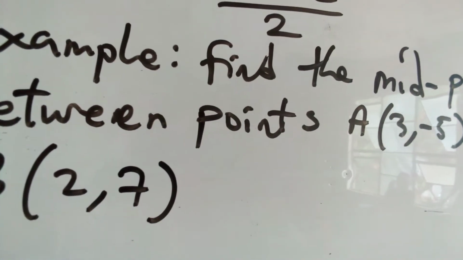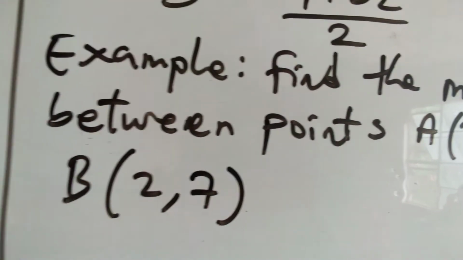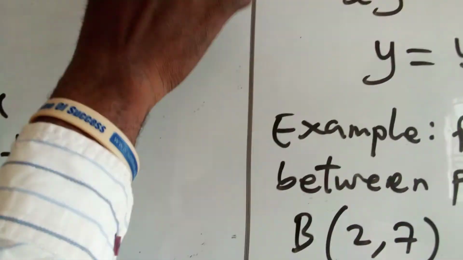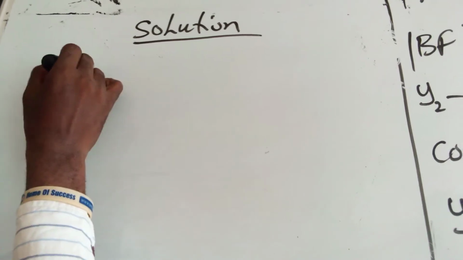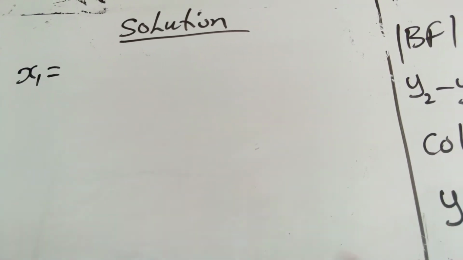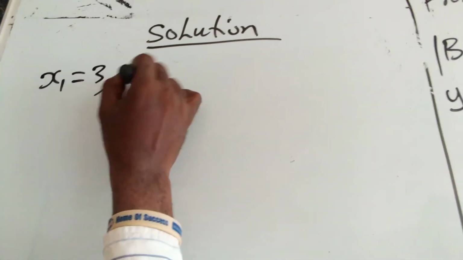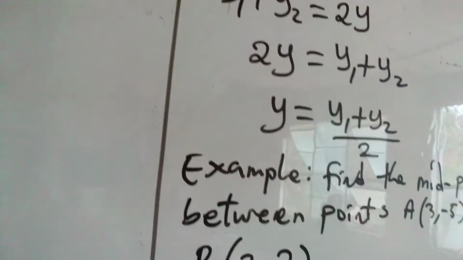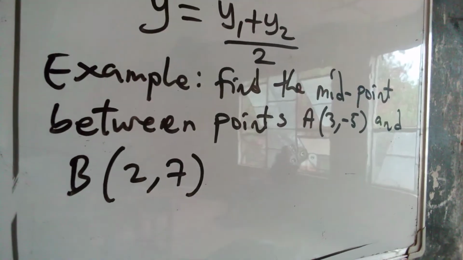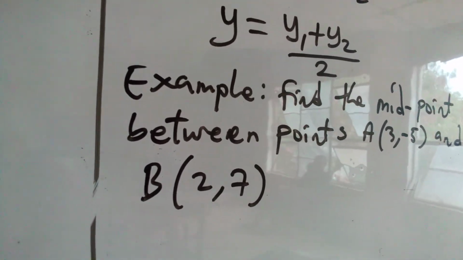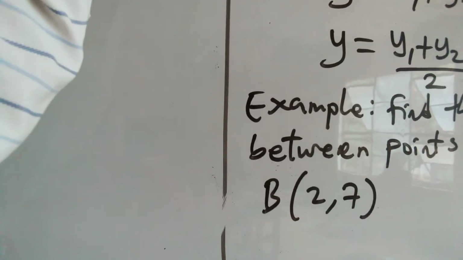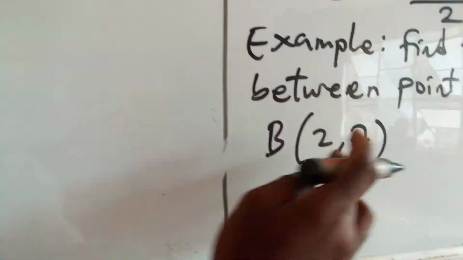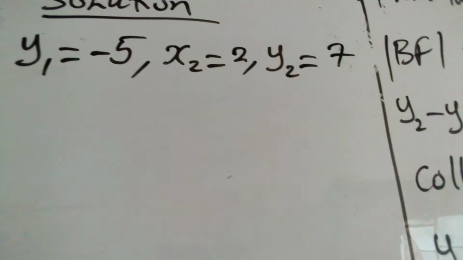All you need to do is to memorize the formula. The first point will give us x1. Our x1 will be 3. Then our y1 from the first point will be minus 5. Our x2 from the second point will be 2. Our y2 from the second point will be 7.